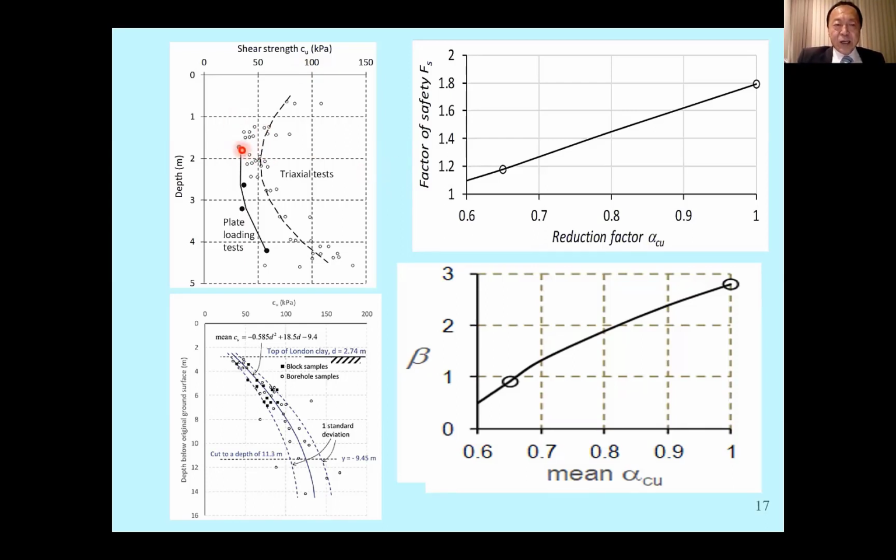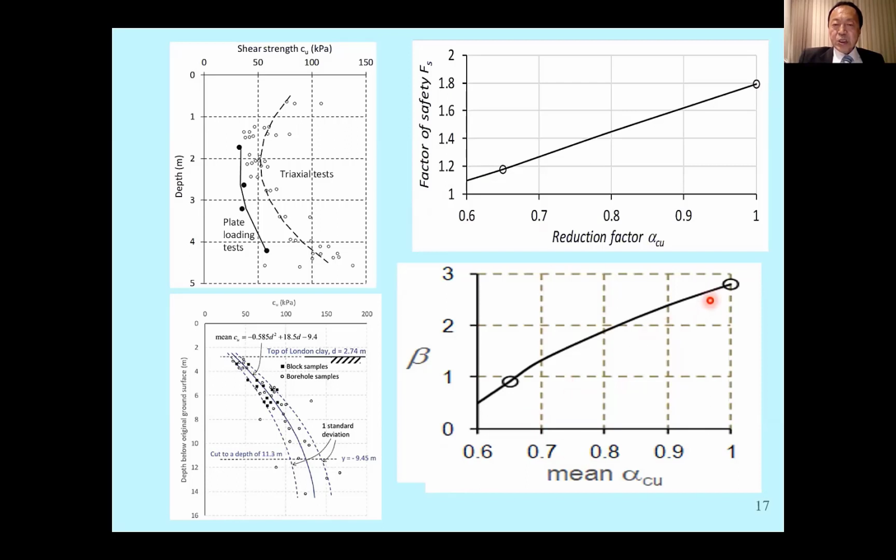Now, this actual value of undrained shear strength, including fissures, would be lower than that of the small specimen. So if you apply a reduction factor on the CU, going from the unreduced 1 all the way to 0.9, 0.8, 0.7, 0.6, deterministic analysis will give you a factor of safety approaching 1, although the unreduced factor of safety is 1.8.